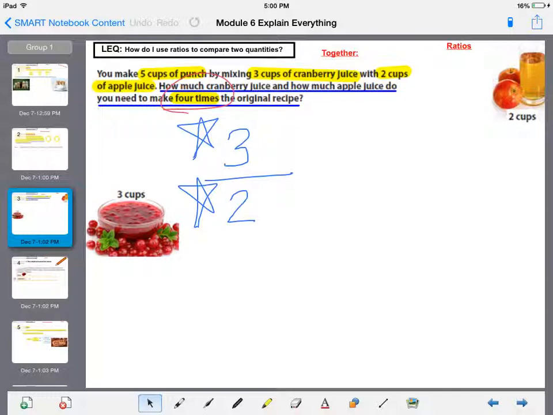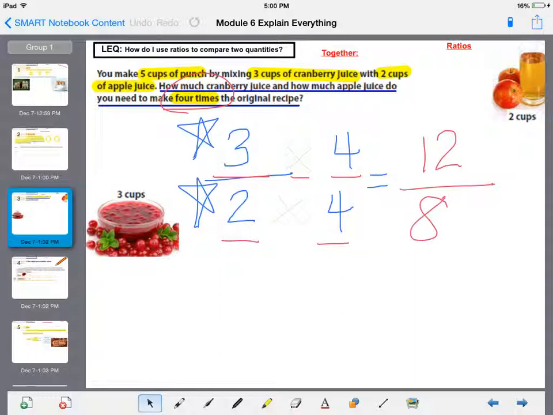That means that I'm going to have to multiply both terms by 4, the cranberry and the apple juice, and that will tell us how much apple juice and how much cranberry juice I would need to make 4 times the original recipe. Well, I started with 3, times 4 times the amount would be 12 cups of cranberry juice to 2 cups of apple juice, times 4 times the amount would be 8 cups of apple juice. And so an equivalent ratio for 3 to 2 would be 12 to 8.